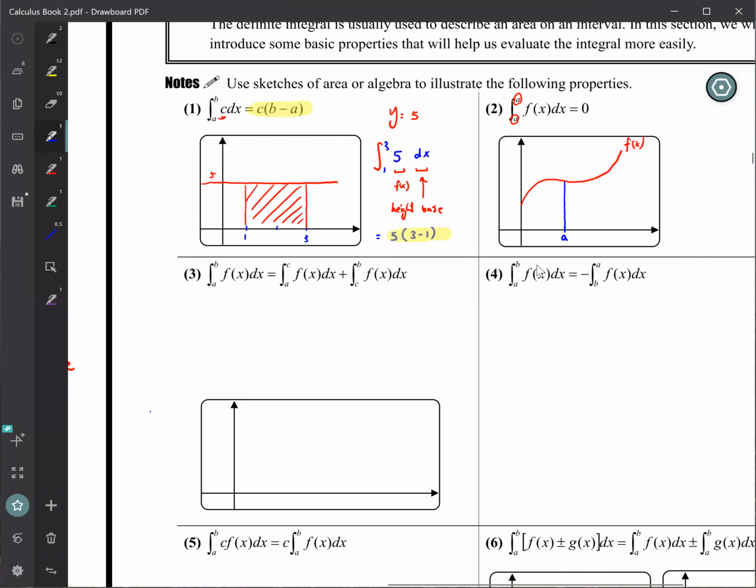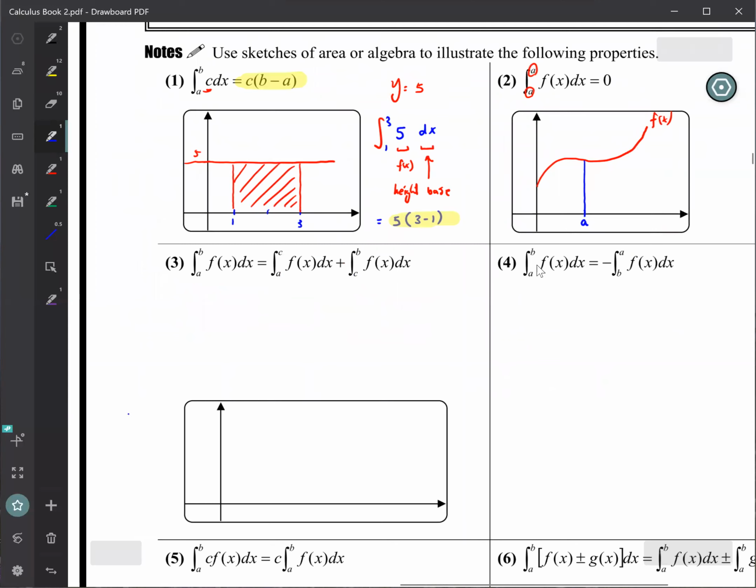Next one is integrating from a to b, and I could break it up into a to c and then c to b. But you need to make sure the c is between a and b. So an example will be, here's a function f of x. We want to find a to b, but then there's a c in between.